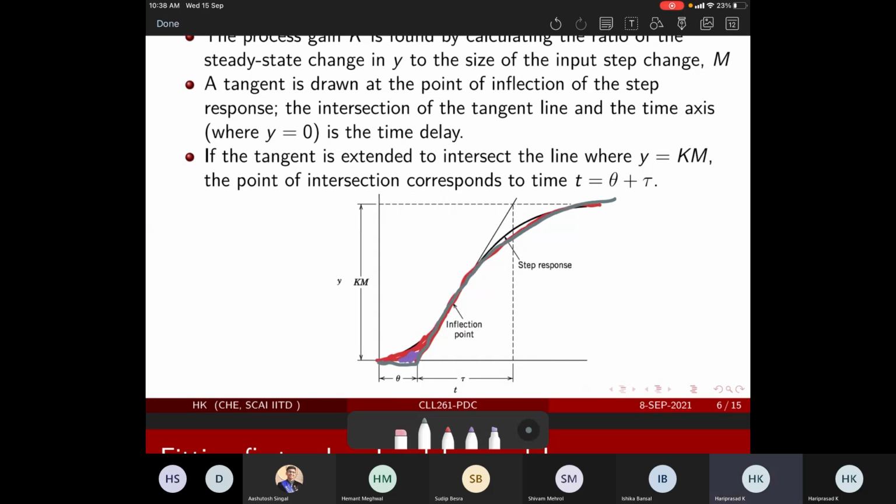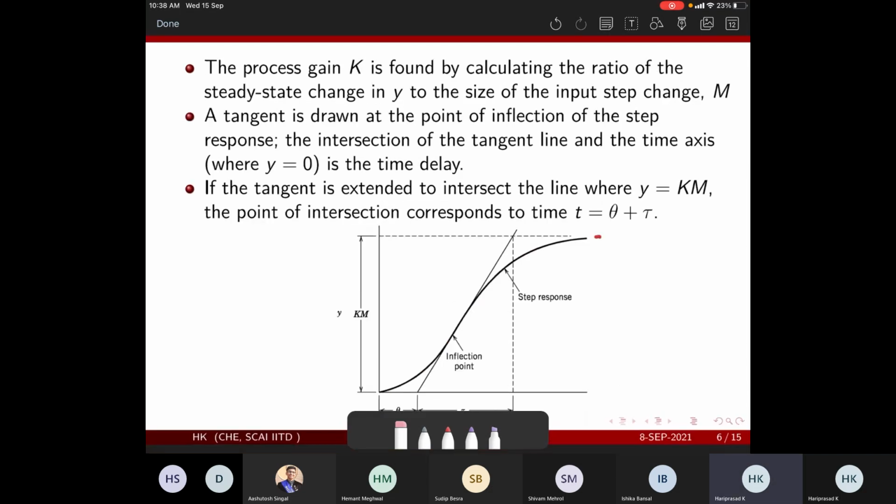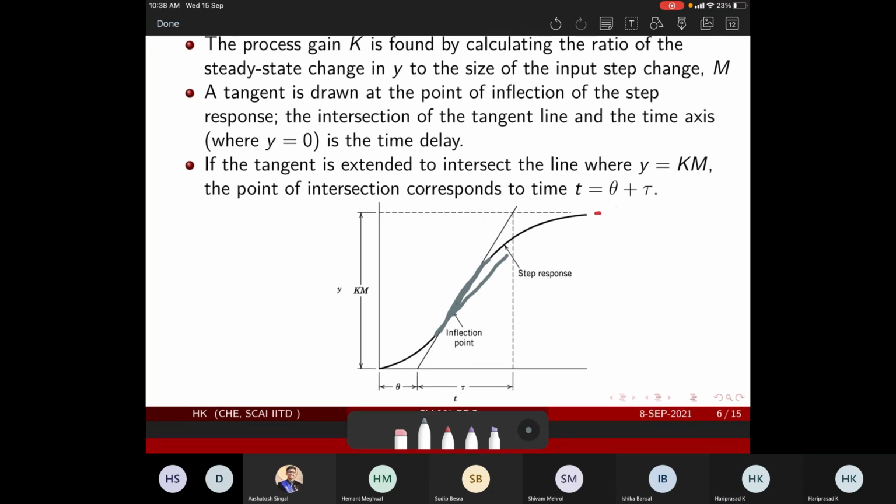So how do you fit such a model? The simplest way again is just to plot the graph, and what you need to do is draw a tangent again at the point of inflection. Point of inflection is the point where the slope of the line changes.